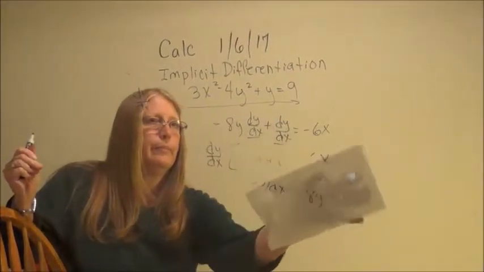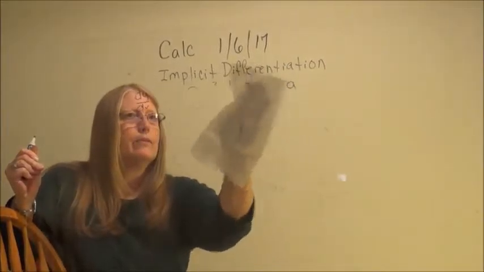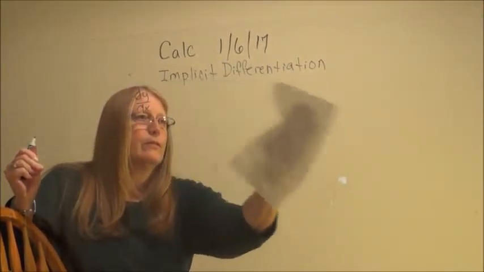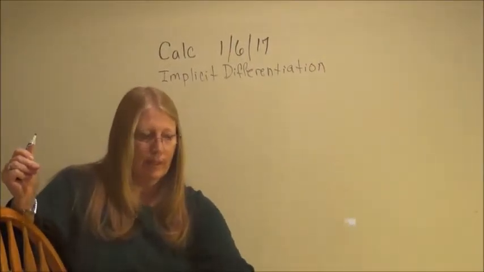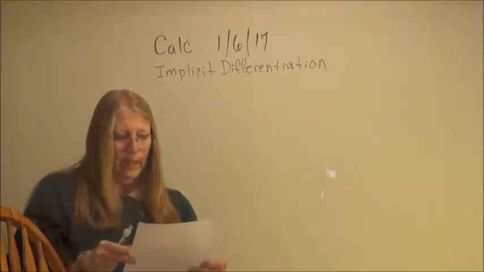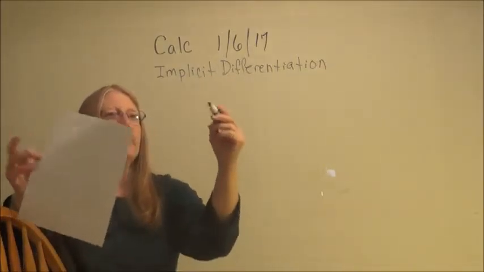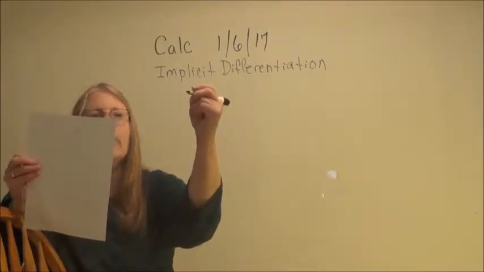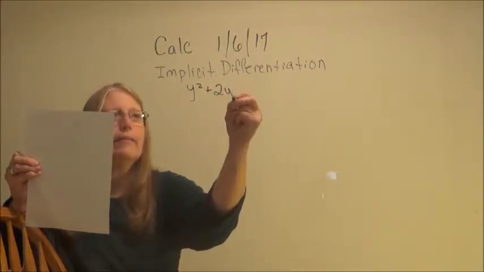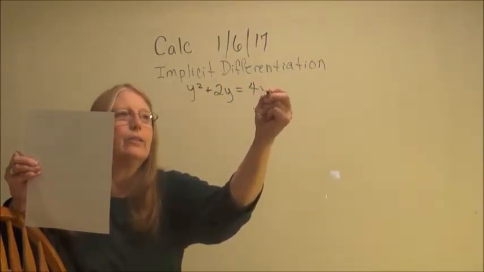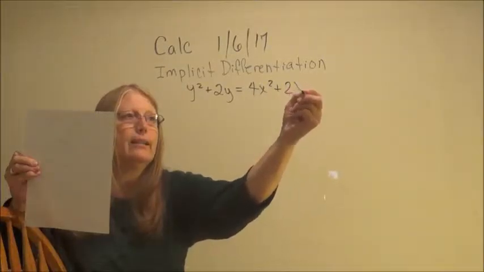This time, we are going to find the second derivative. So I'm going to give you a different one: y squared plus 2y equals 4x squared plus 2x.